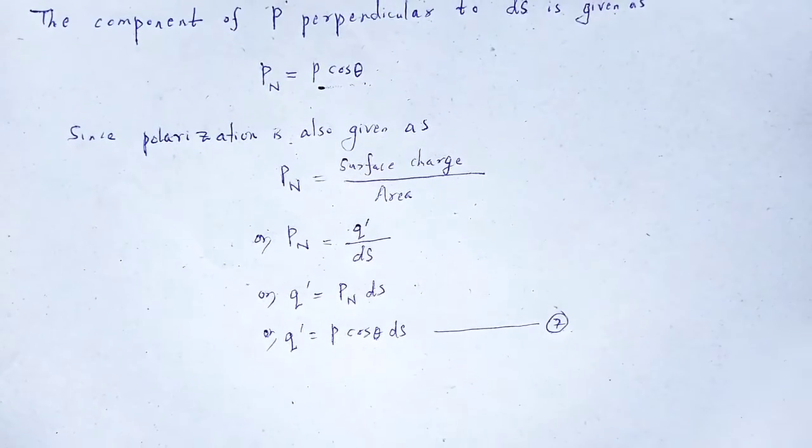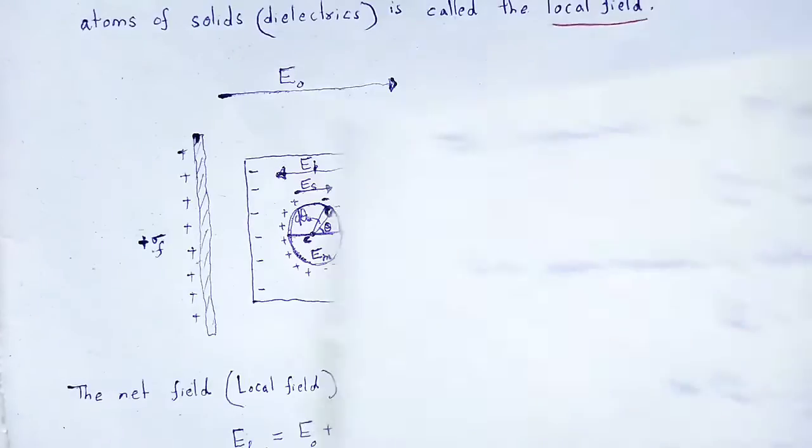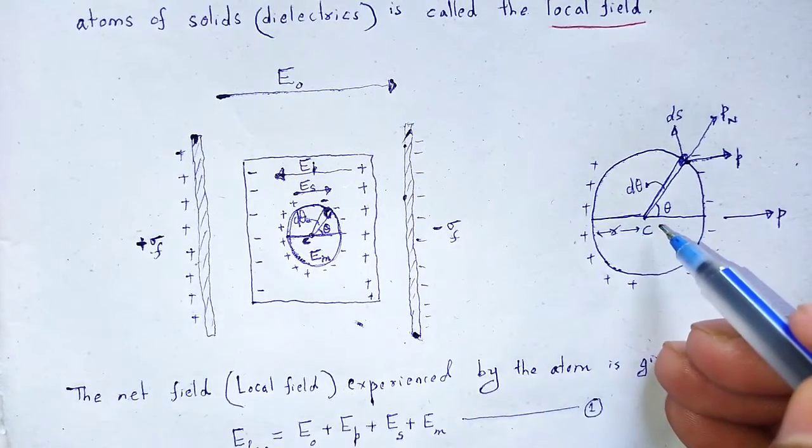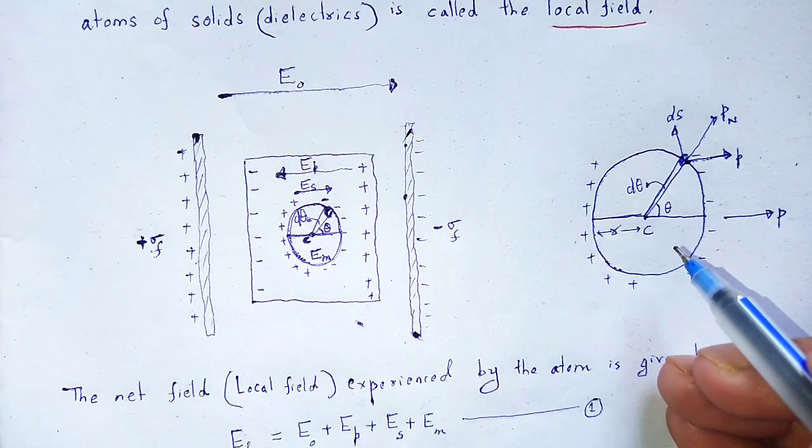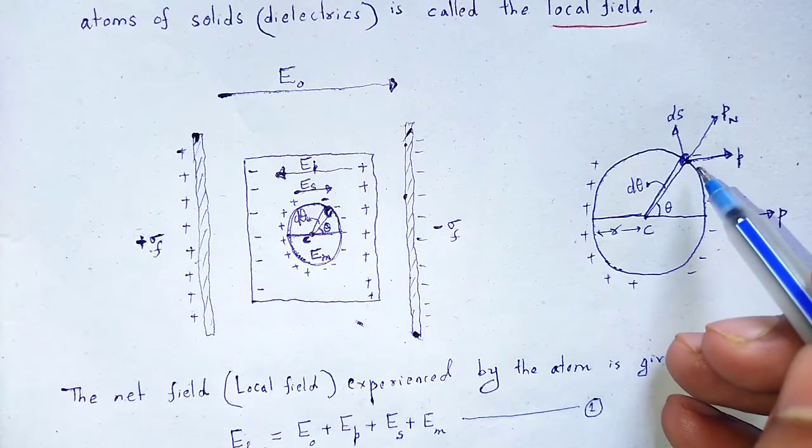Again we have to calculate the electric field intensity at C due to that surface charge Q dash.